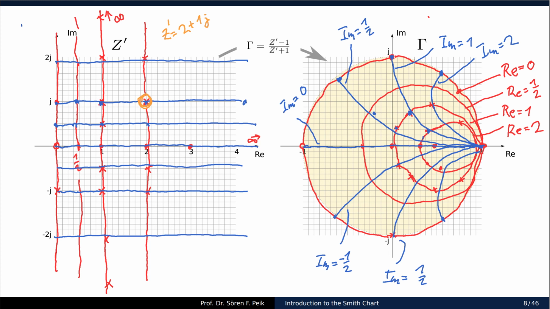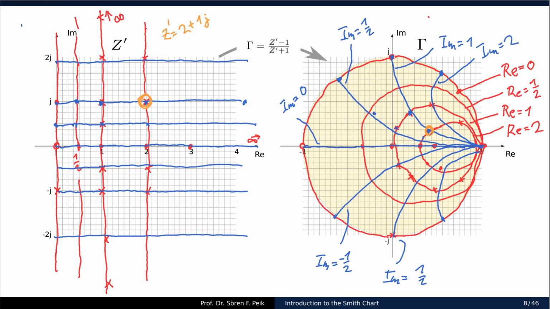So this point we can find on the gamma plane by knowing my real part is 2. Since my real part is 2, it's on the circle here. And my imaginary part is 1, so it's on this band. So this makes this point to be found here.